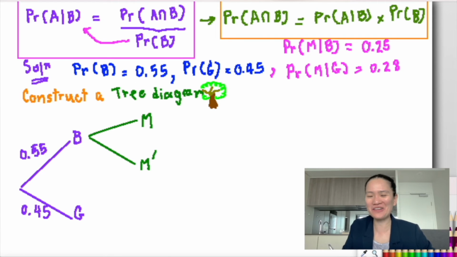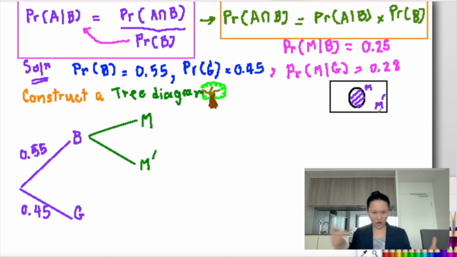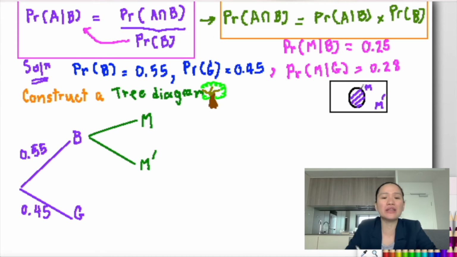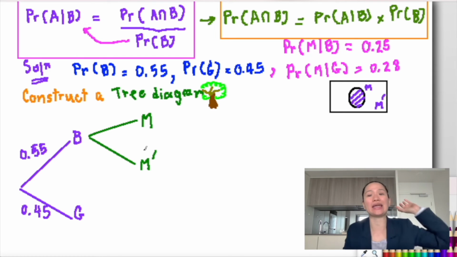If you don't know, I'm going to teach you here, super quick. If this one is M, everything that is not M, we call M prime. This is the concept. So that means all of these probabilities, when you sum them together, have to be 1.